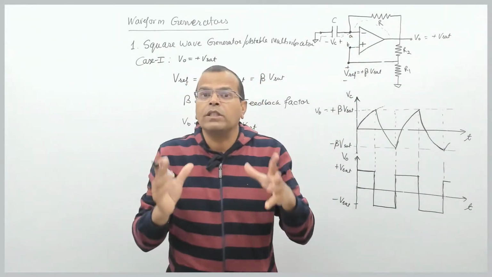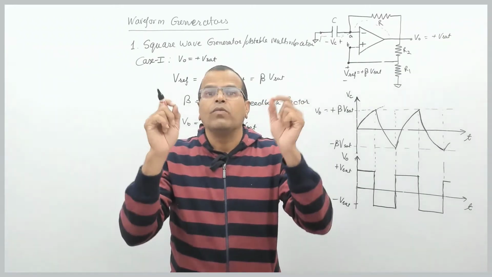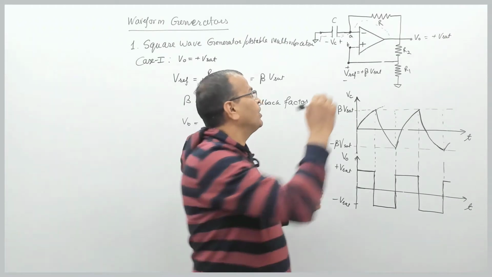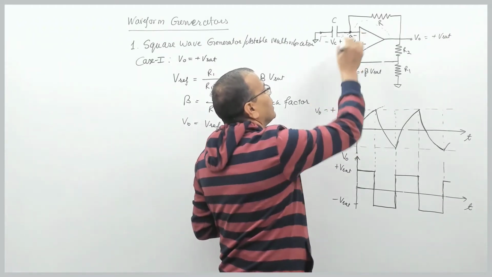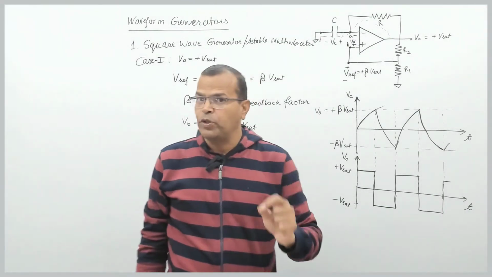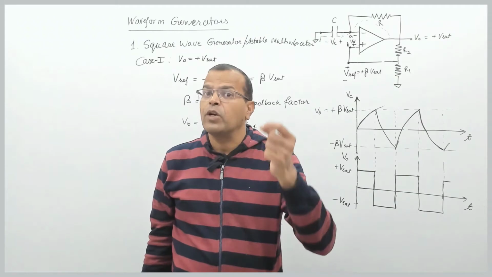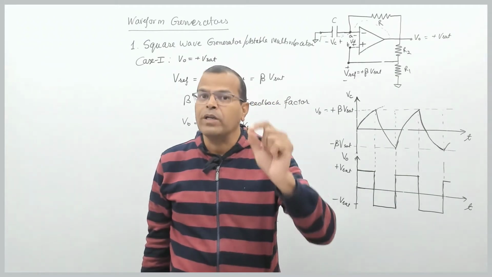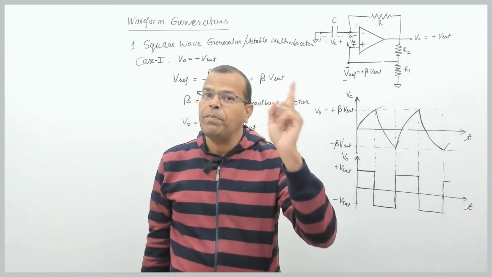So when voltage at non-inverting terminal is more than the voltage at inverting terminal, the differential input voltage of this op-amp, that is Vd, this is plus, this is minus. So Vd is positive. I repeat, when voltage at non-inverting terminal is more than the voltage at inverting terminal, Vd is positive and output of the op-amp will be plus Vset.